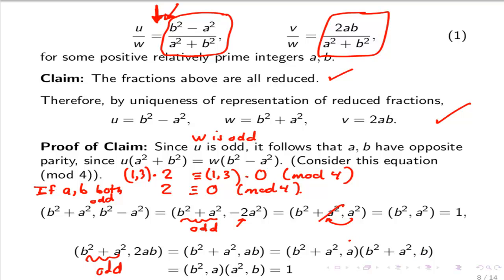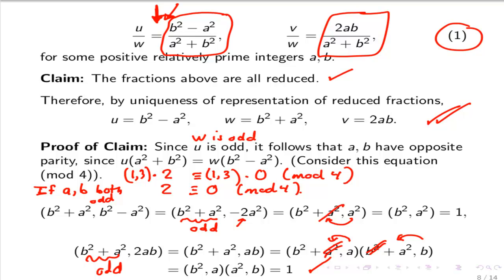Then I subtract a multiple of a to get rid of that, and a multiple of b to get rid of this, and we get the GCD of b squared plus a squared and b, and again a and b are relatively prime, so that comes out to be 1. Good. So we have, in equation 1, reduced fractions on both sides, and so that completes the characterization of u, w, and v.